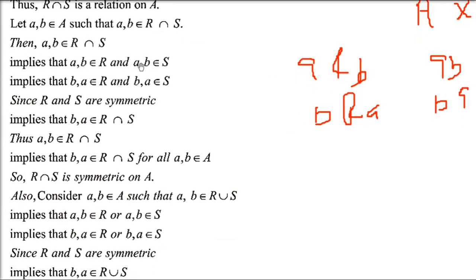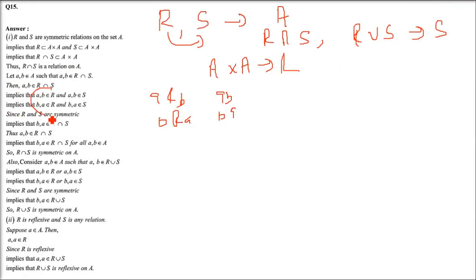Since R and S both are symmetric, and AB belongs to R and AB belongs to S, BA should also belong to R intersection S. I am saying AB belongs to R, BA belongs to R. If they both are true, this is symmetric, and this is given in the question.